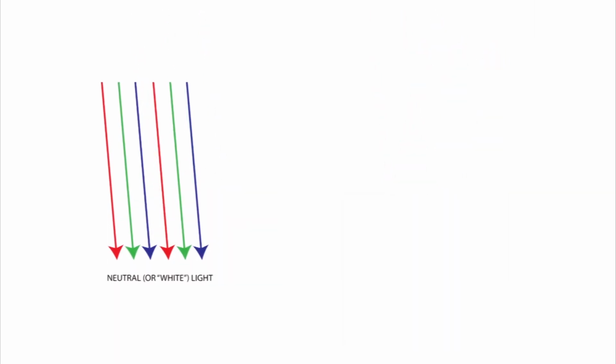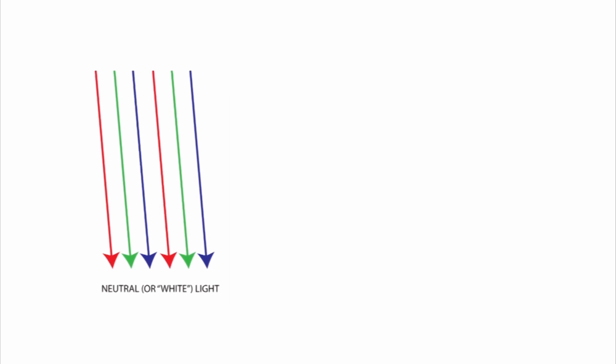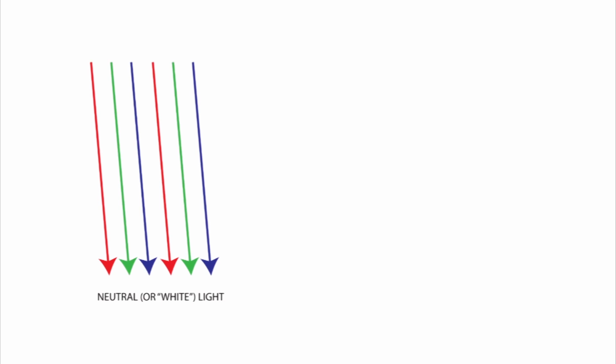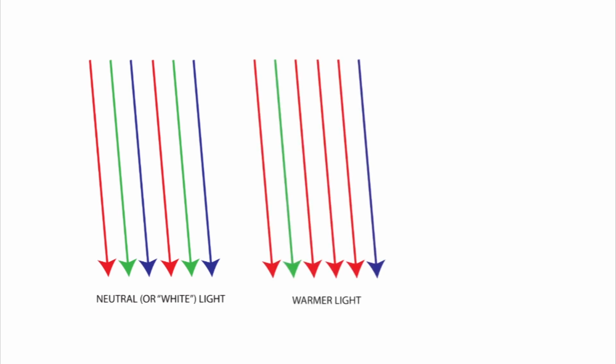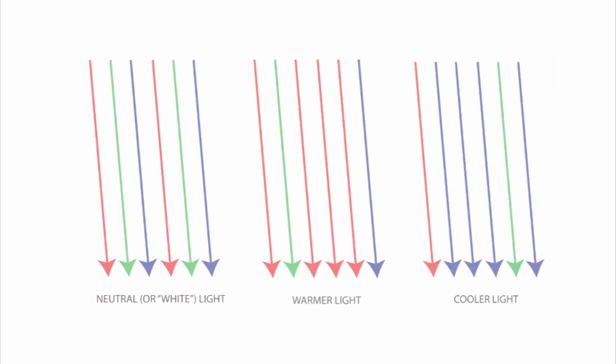When the wavelengths for each color are all present in equal quantities in the light emanating from a source, whether that's the sun or a light bulb, we perceive the light as white. When there are unequal amounts of the different wavelengths present, the light may be warmer, more yellow or red, or cooler, more blue. This means that depending on the light, there may be more or less of one color of light available to be reflected by subjects.